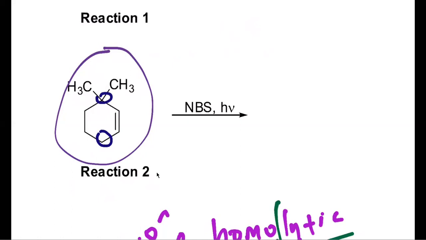They're both allylic. But what happens during allylic bromination that makes it possible? A hydrogen is attacked. You take a hydrogen away off of that allylic carbon. That's exactly right. Now, if you look at that top carbon, are there any hydrogens there that can be abstracted?